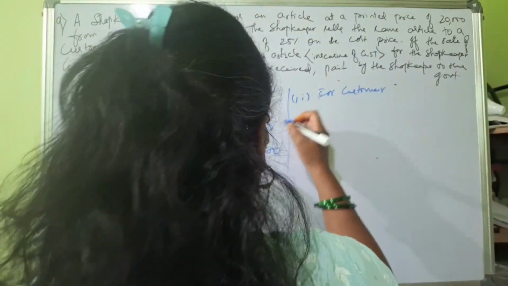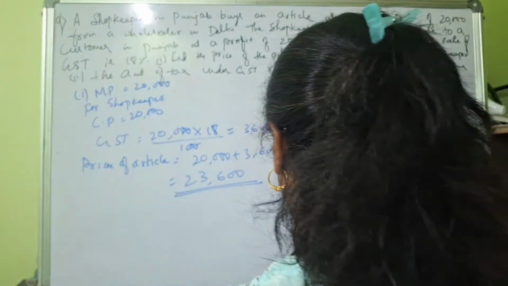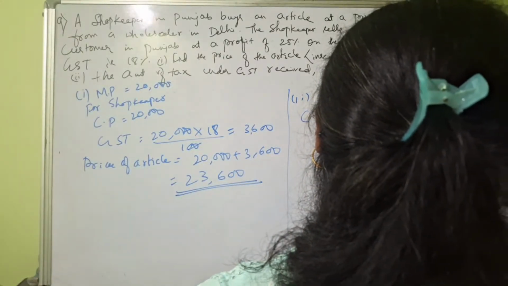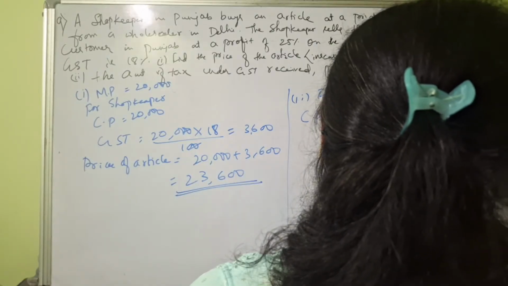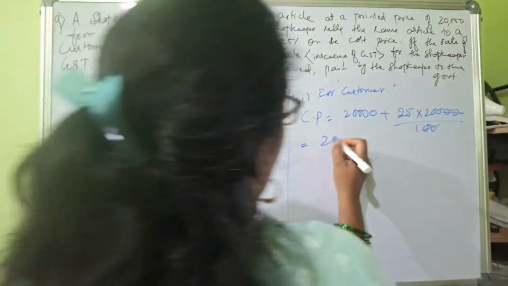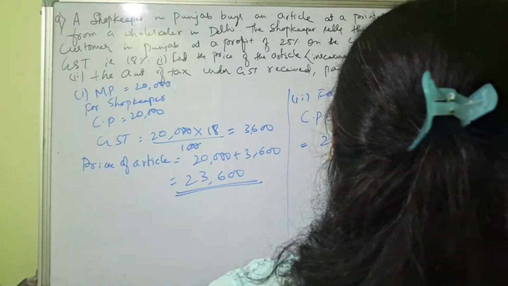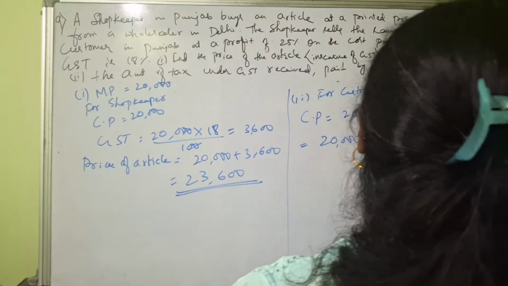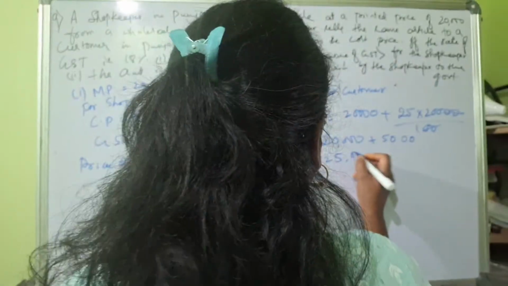So the cost price for the customer is equal to 20,000 plus 25% of 20,000. That means 20,000 plus 5,000. So the cost price for the customer is 25,000.